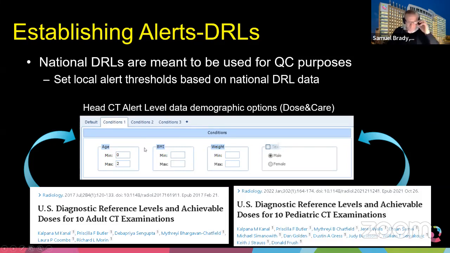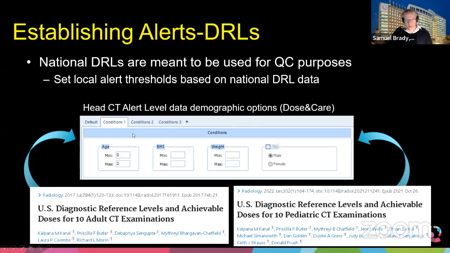So Dr. Canal, she wrote 2 seminal papers over the last couple of years, and she helped develop the national DRLs for CT for adults and for pediatric. So for me, I can take these 2 publications and look up the values, and I can stratify them.